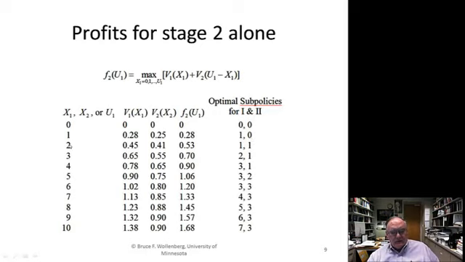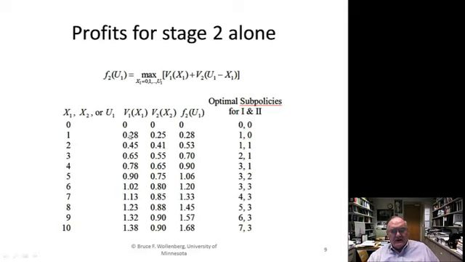Now I do it for 2. If I have 2 objects, you could say $2, or it could be $2 million, so it doesn't matter. We just have the unit 2. If I can invest 2 here, I could do 2 into V1 and get 45, or 2 into V2 and get 41, or I could do 1 each.